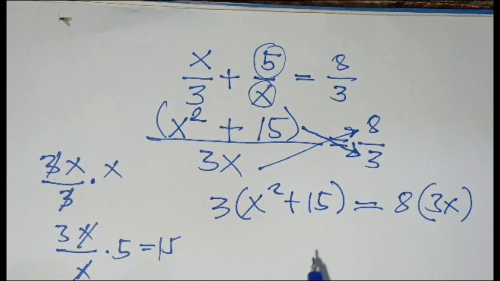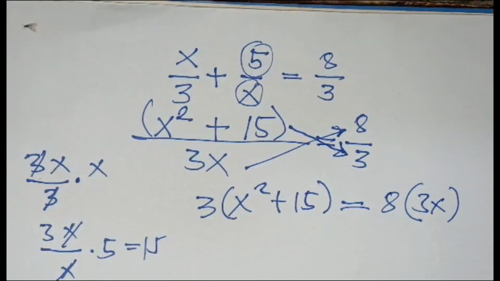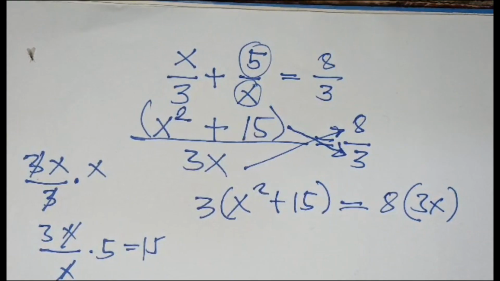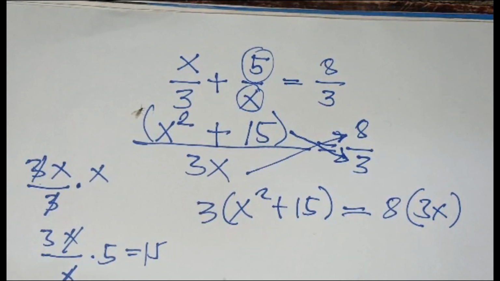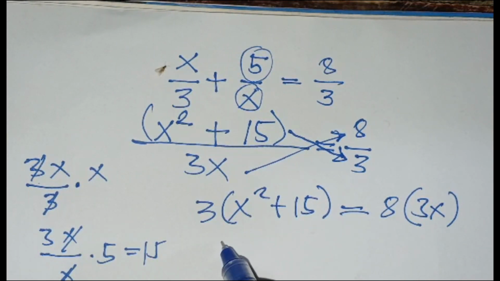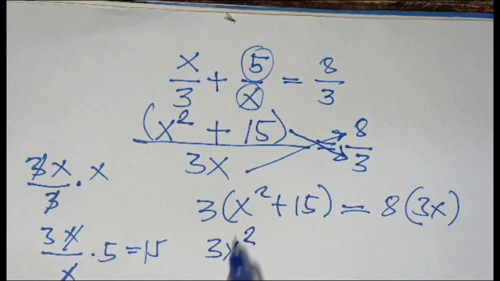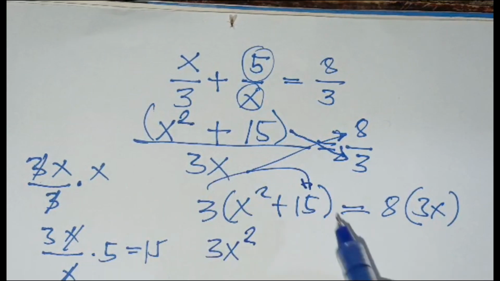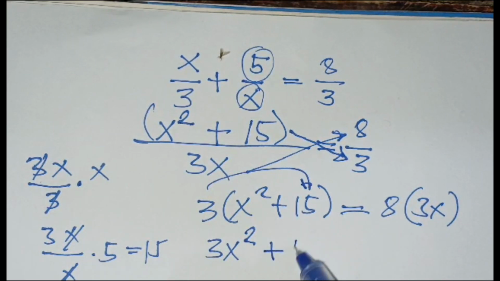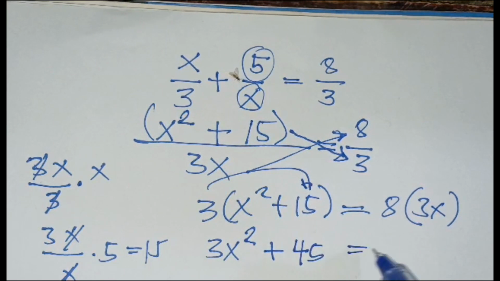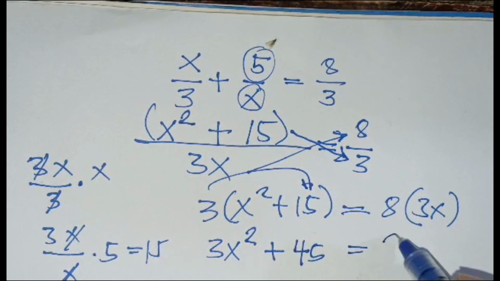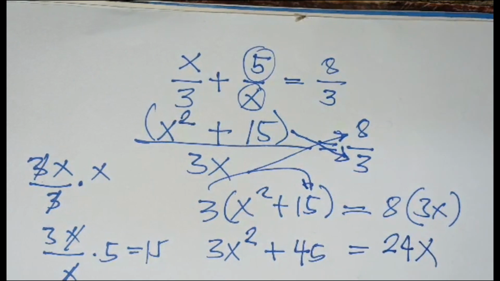So we multiply 3 by x squared. We have 3x squared, then 3 by 15 we have 45 is equal to 8 times 3x is 24x.